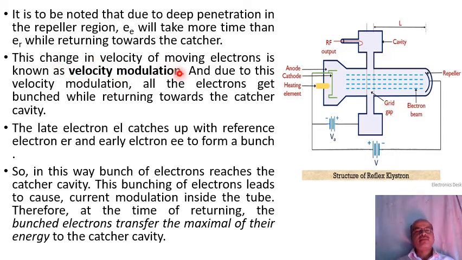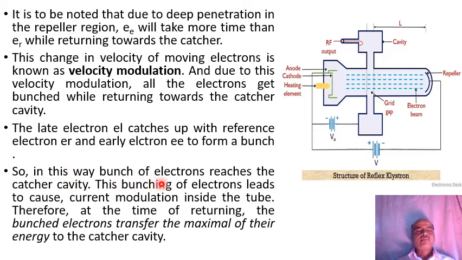Change in velocity of a moving electron is known as velocity modulation, and due to this velocity modulation, all the electrons get bunched while returning towards the catcher cavity. The late electrons EL catch up with the reference electron ER and early electron EE to form a bunch.